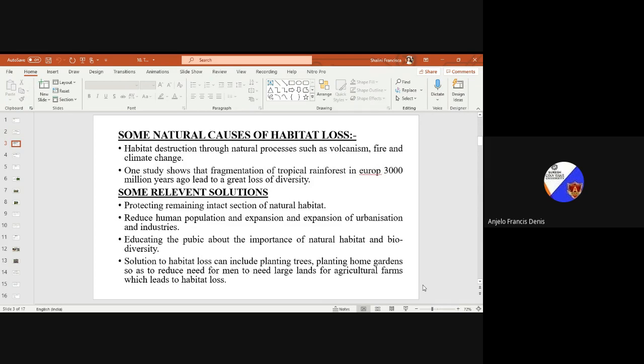Also, there are a few natural causes of habitat loss, that is habitat destruction through natural processes such as volcanism, fire, and climate change.